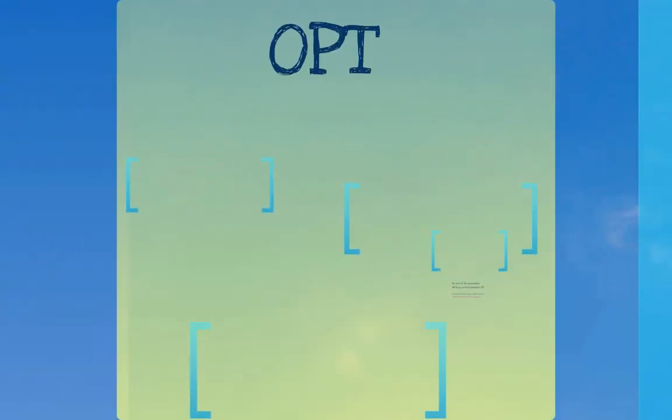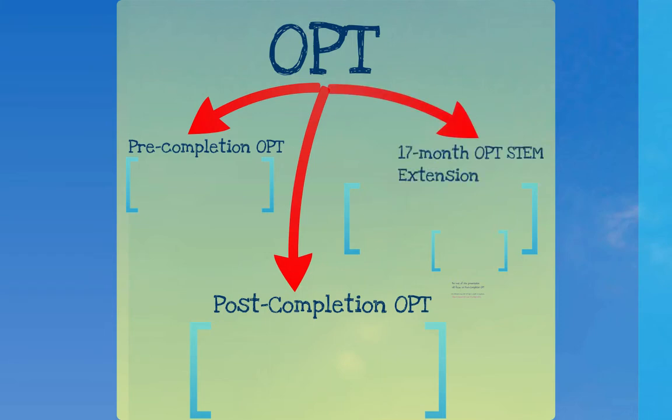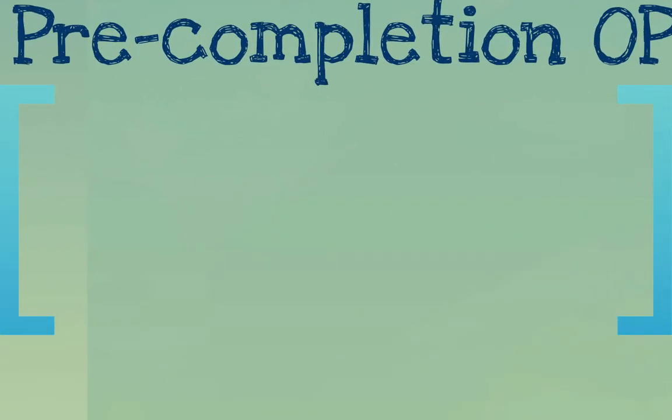There are 3 types of OPT: pre-completion OPT, post-completion OPT, and 17-month OPT STEM extension. Now let's go over each type in detail. Under pre-completion OPT, students are authorized to work before the program completion date.